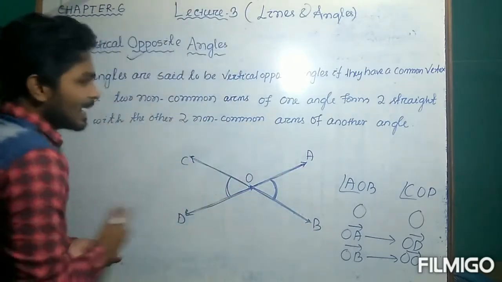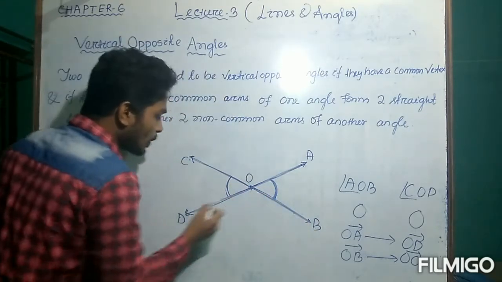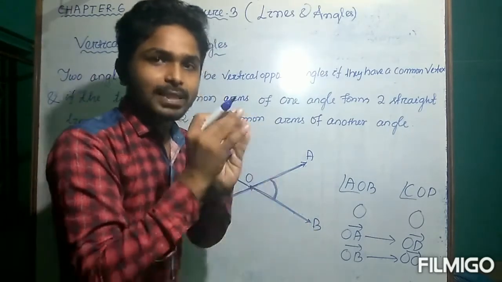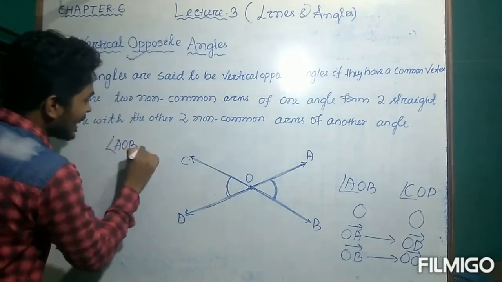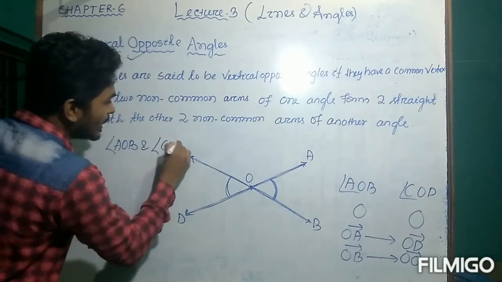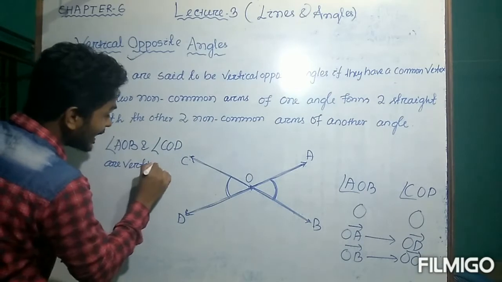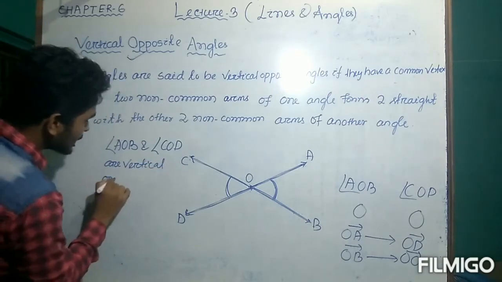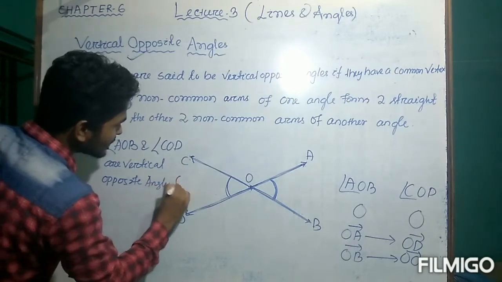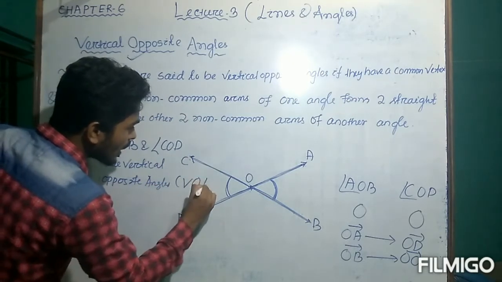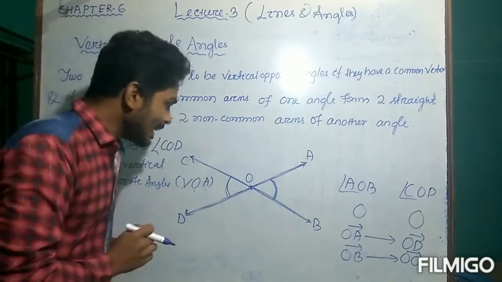So you can say now the angle AOB and angle COD are vertically opposite angles. Write: angle AOB and angle COD are vertical opposite angles, or in short form, VOA, vertical opposite angles.